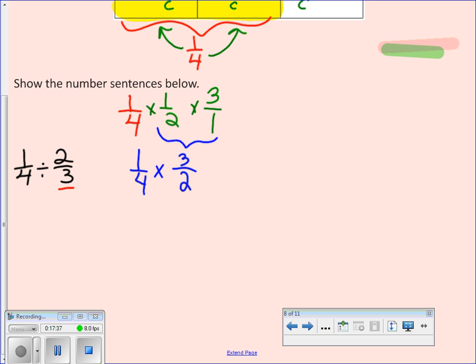Because 3/2 is the inverse of 2/3. So we can see where that came from. We can now see from that model where multiplying by the inverse came from. So 1 times 3 is 3. 4 times 2 is 8. So 3/8 is our answer.